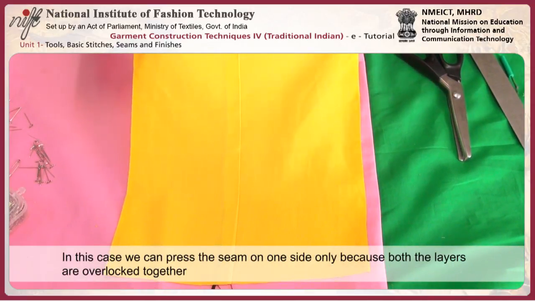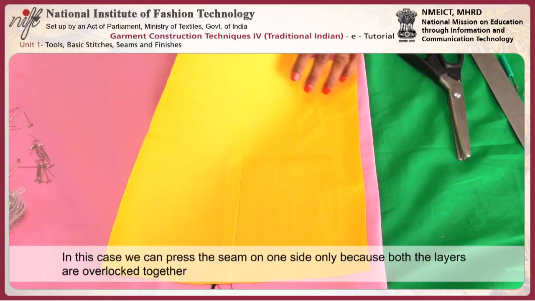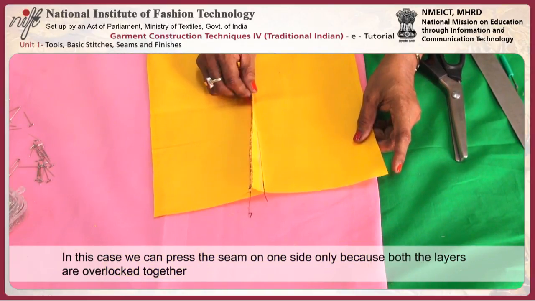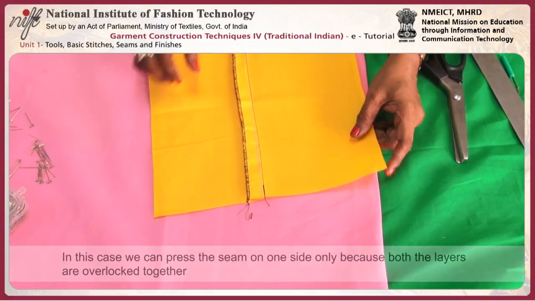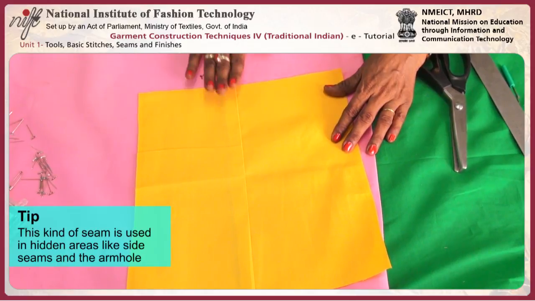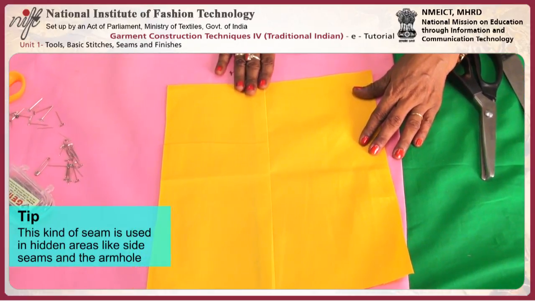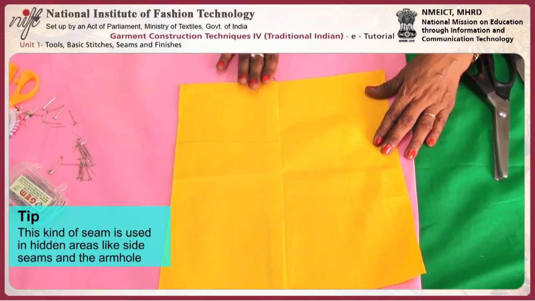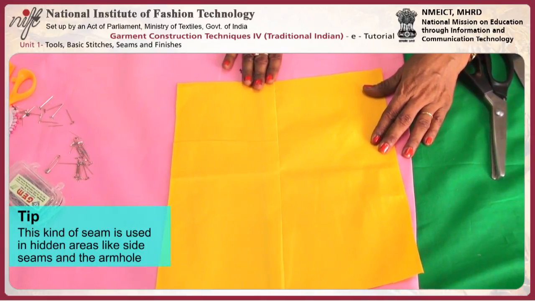So in this case, we can press the seam to one side only because both the layers are being overlocked together. So the seam is being pressed towards the side. This kind of seam will be used in hidden areas like side seams and the armhole and other places.